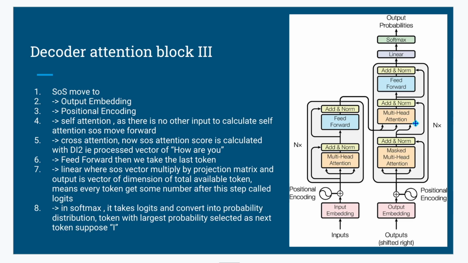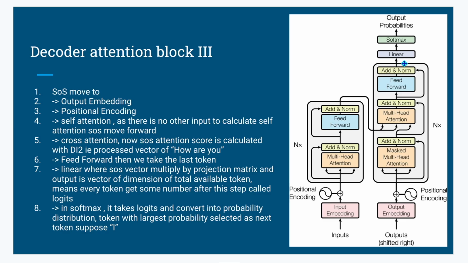Here the SOS and I attention gets calculated with the input coming from the encoder module, as here we have the example "How are you?" So that attention gets calculated. Now that vector goes into the feed forward and then outputs over here.